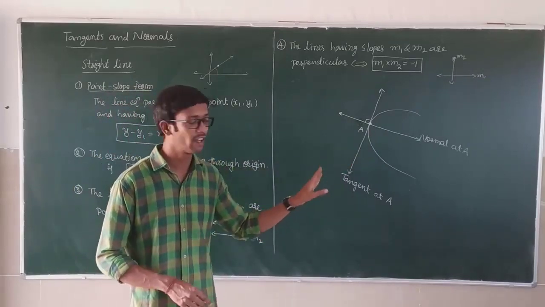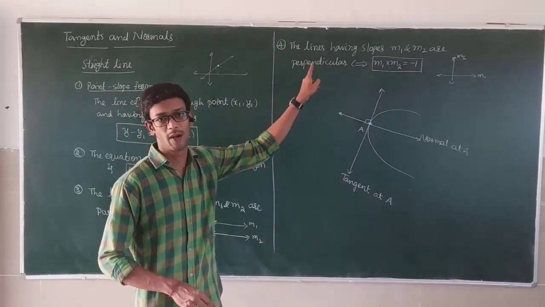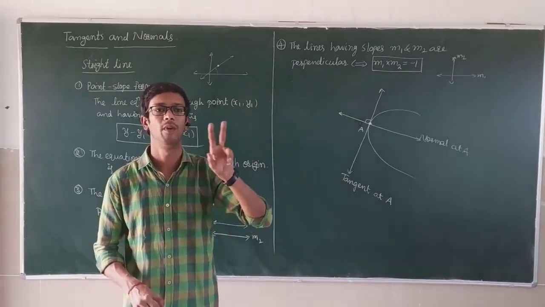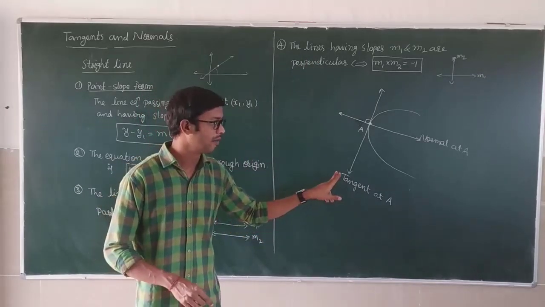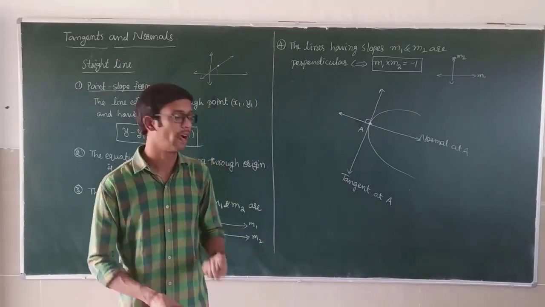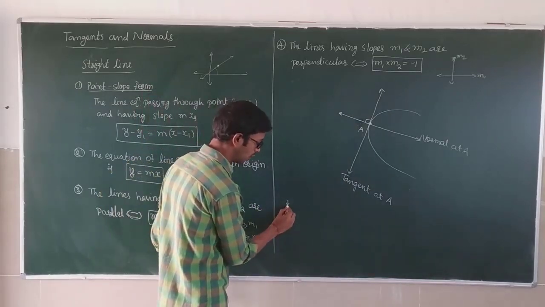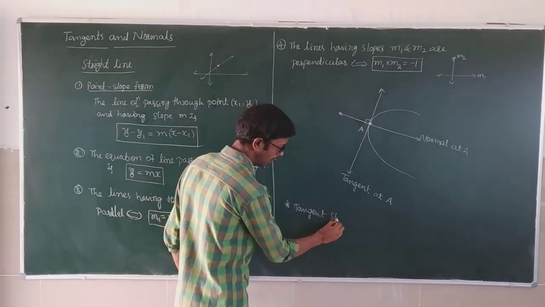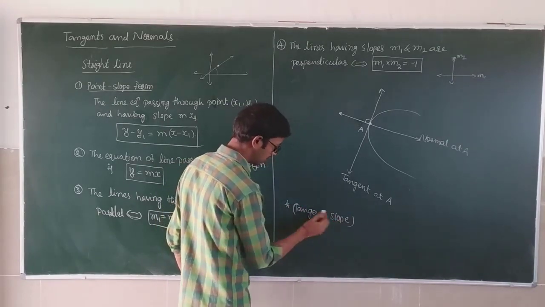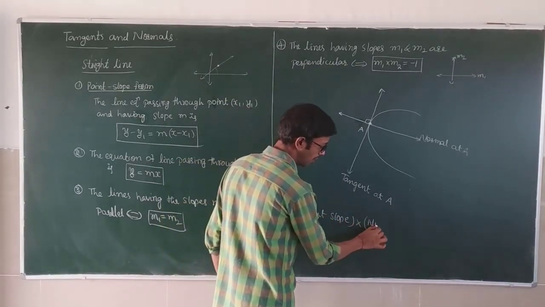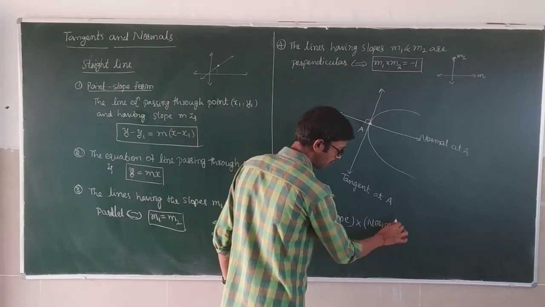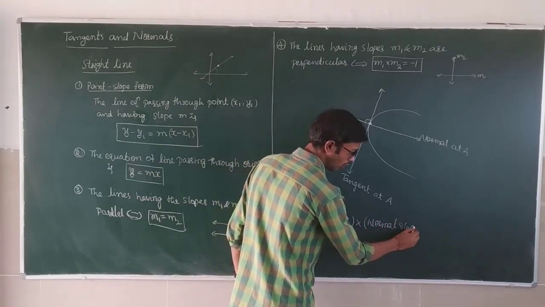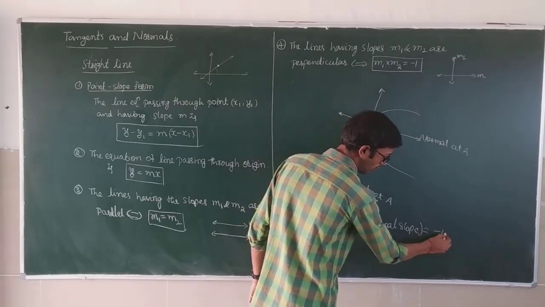By this, what can we conclude? Two lines are perpendicular, so tangent slope into normal slope is equal to -1.